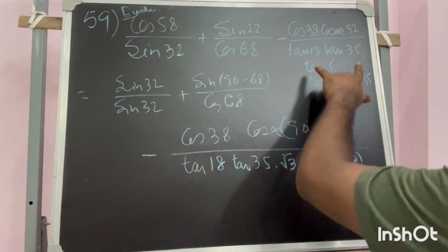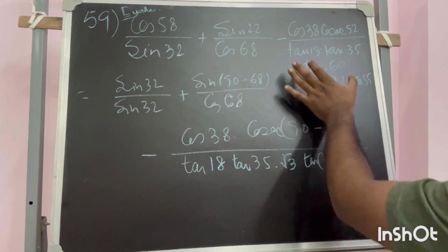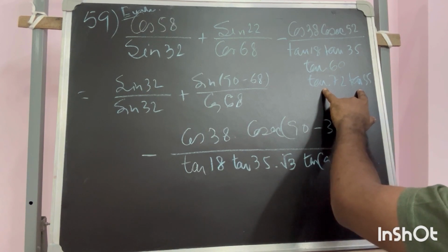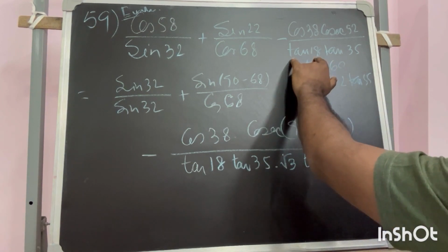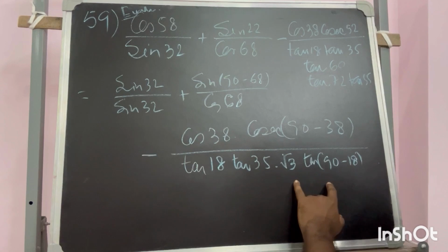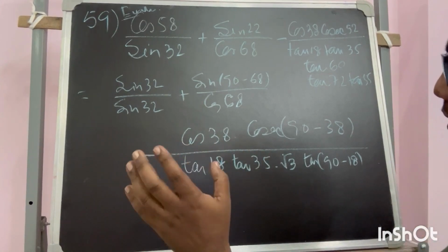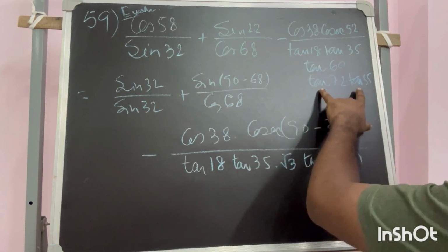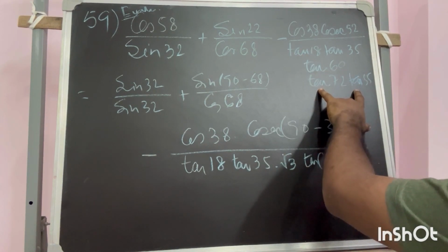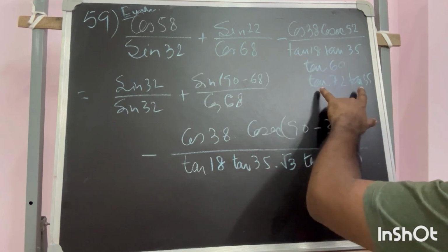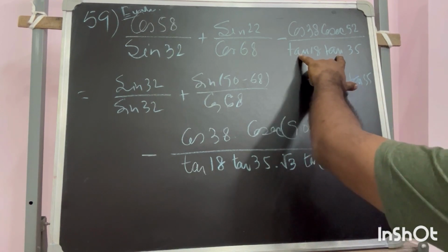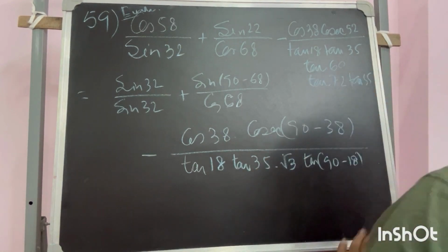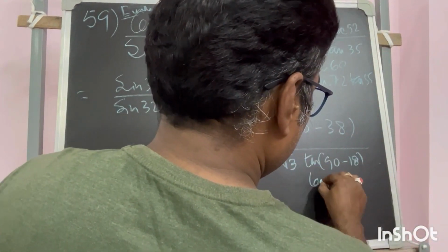If I relate these two terms with these two terms, converting tan into cot, they will be reciprocal to each other and can be nullified. Tan 60 we know. So I am trying to do that only.